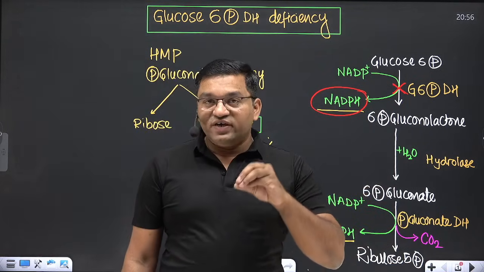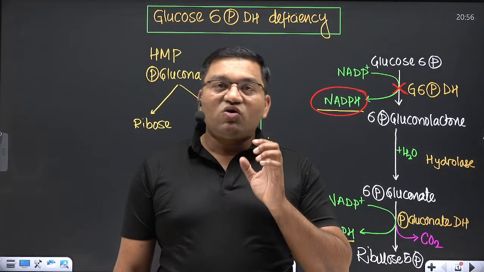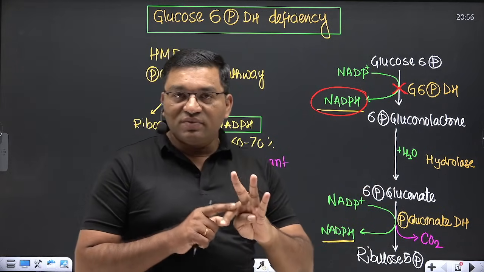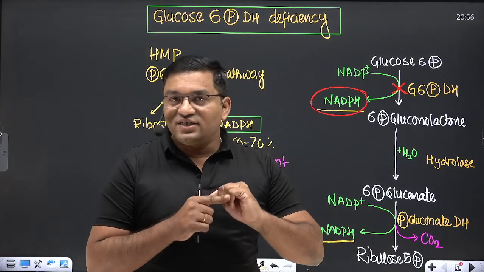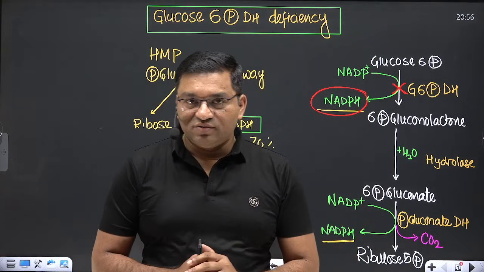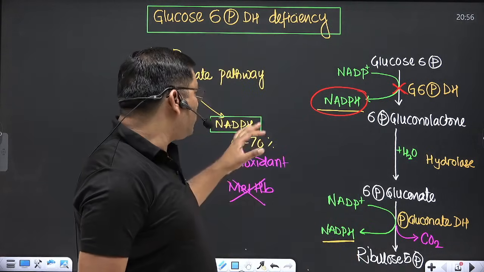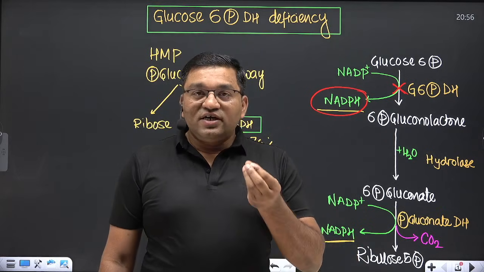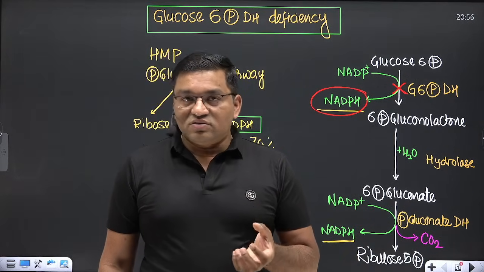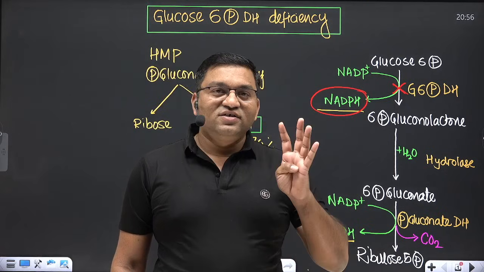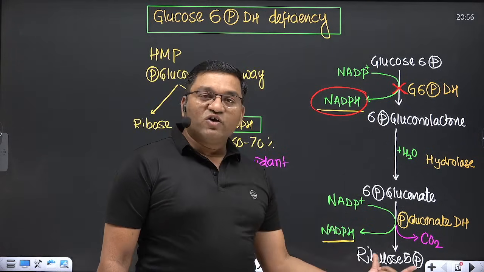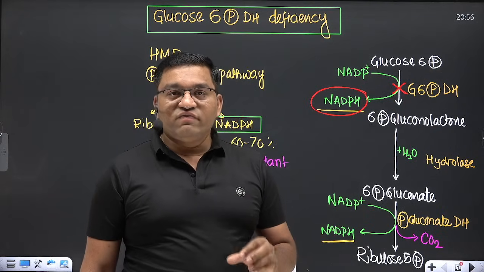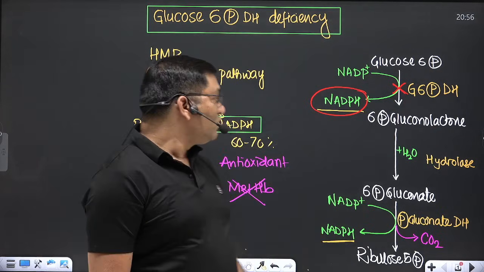This phase occurs in the liver, RBCs, adipose tissues, adrenal cortex, lactating mammary gland, and gonads. It is specifically important in the tissues where reductive biosynthesis occurs, meaning fatty acid synthesis, cholesterol synthesis, and steroid synthesis. Then ribulose 5-phosphate enters the non-oxidative phase where interconversion of sugar occurs.